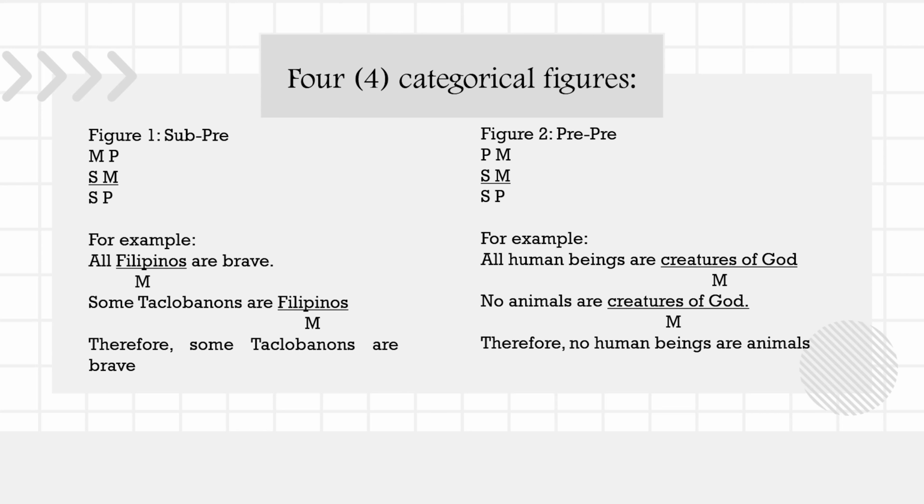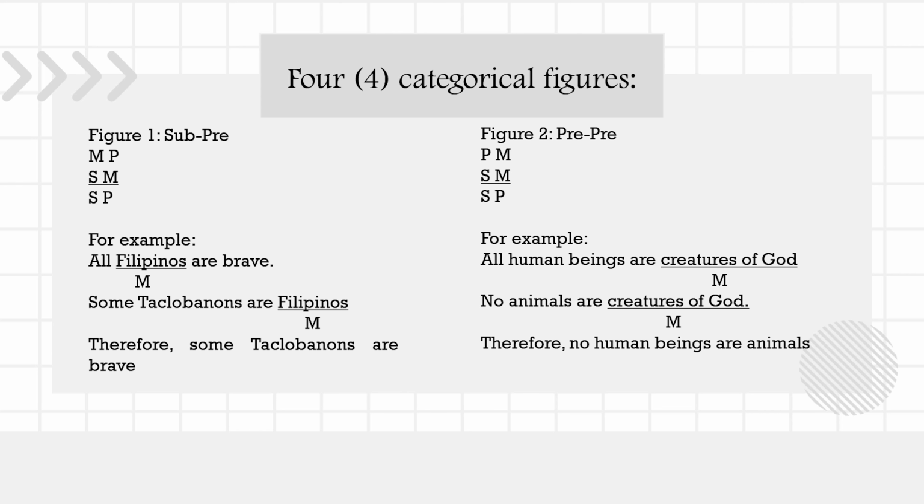This example illustrates a valid categorical syllogism adhering to the rules of categorical logic. If the premises are true, the conclusion naturally follows, demonstrating the logical relationship between the statements. In this case, it concludes that if some Taclobanans are Filipinos and all Filipinos are brave, then it logically follows that some Taclobanans must be brave as well.